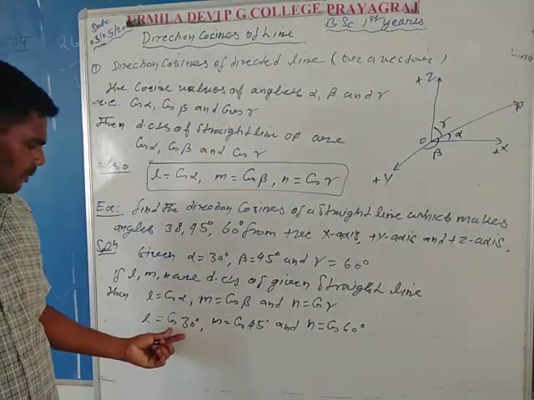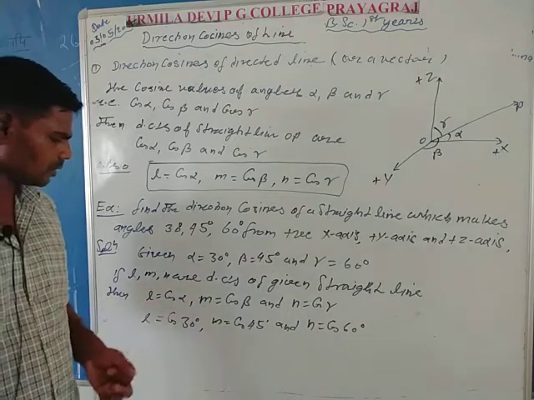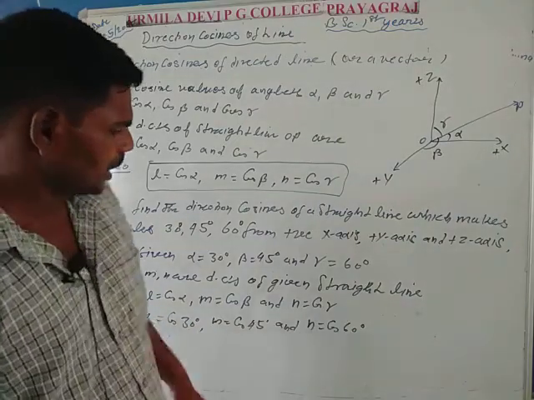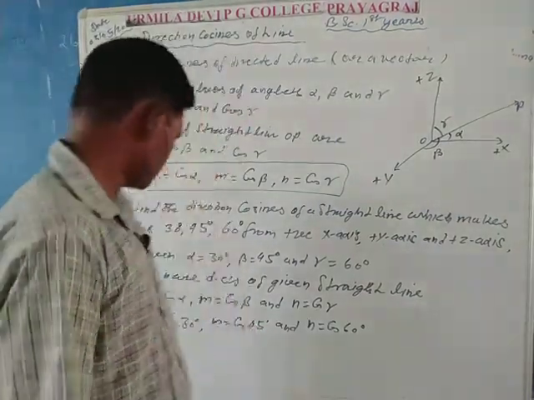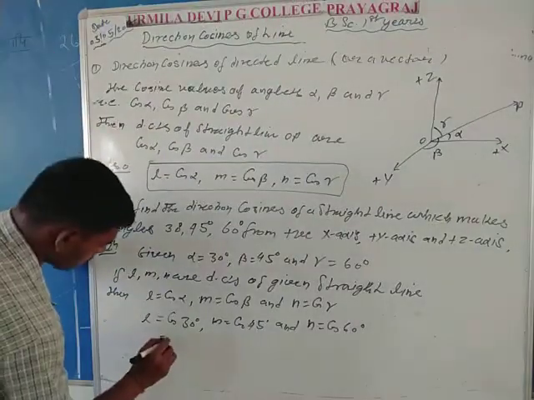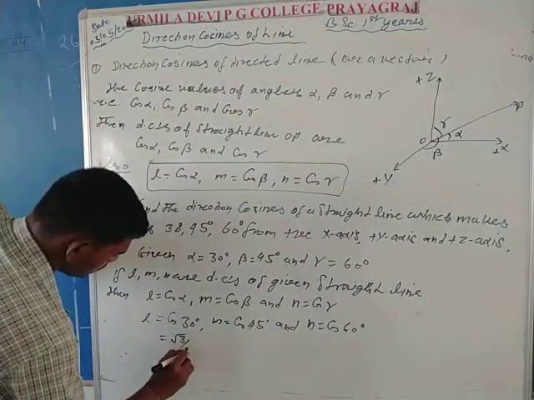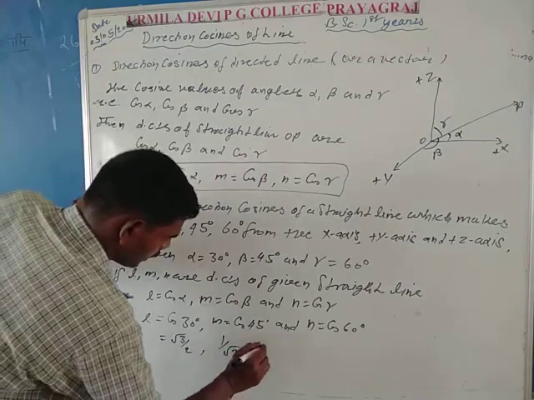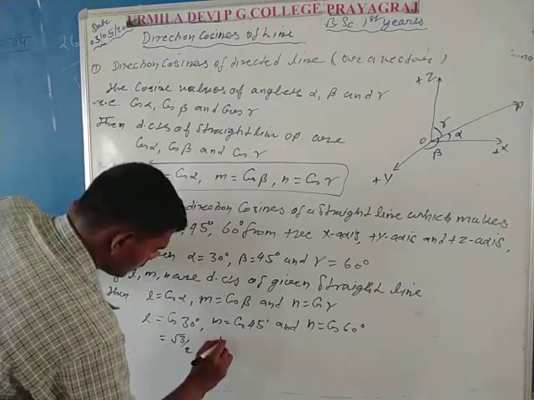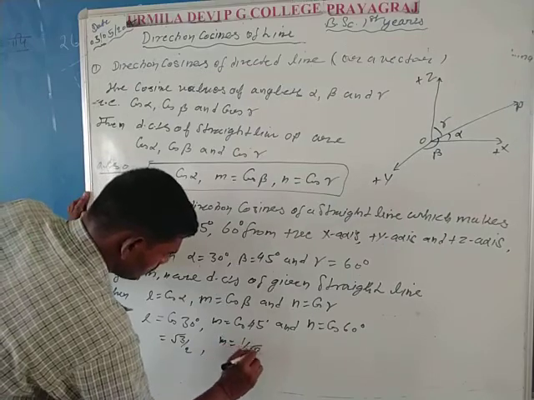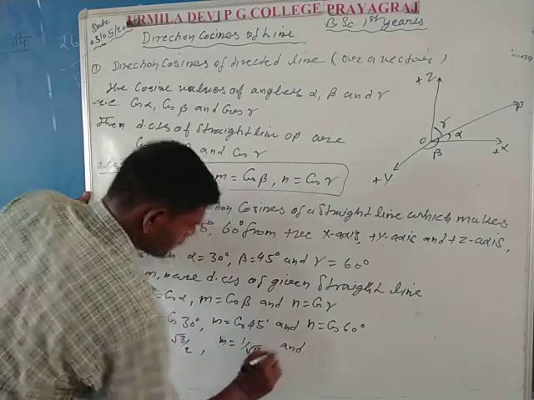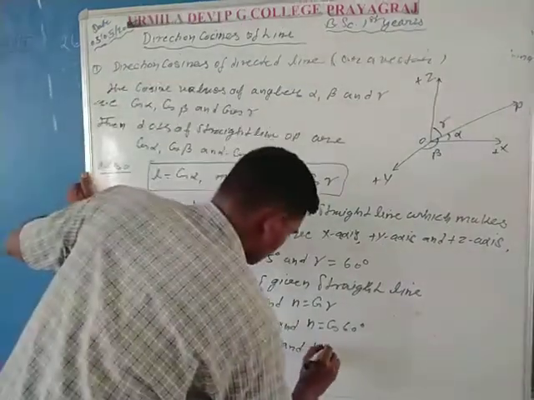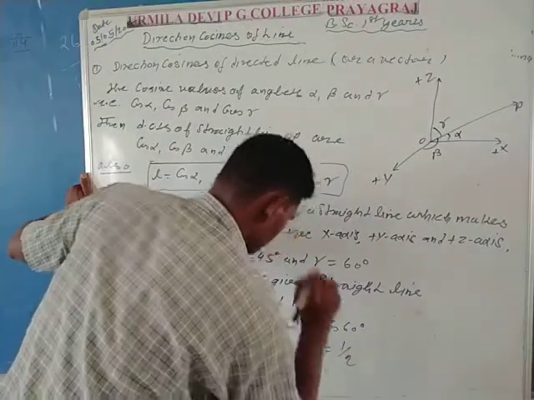Putting these values, cos 30 is root 3 by 2, cos 45 is 1 by root 2, and cos 60 is 1 by 2. So L is equal to root 3 by 2, M is equal to 1 by root 2, and at last N is equal to 1 by 2.